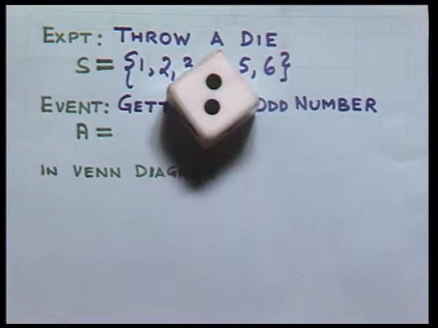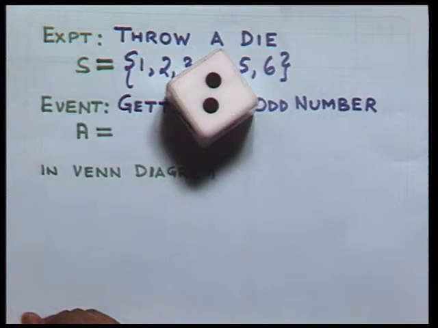Hello viewers, in our previous lesson we learned that associated with every event there is always a random experiment. For example, to study the chance or probability of getting an odd number in a cubical die or a perfect die, the experiment is throwing a die and observing the number shown on it.